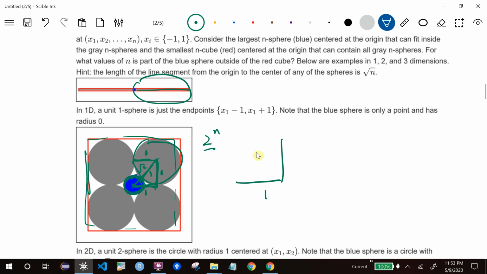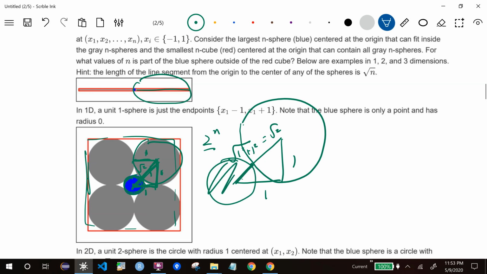So if we have 1 and 1, this will be square root of 1 square plus 1 square, which is square root 2. So this whole length will be square root 2. Let's draw the part circle here. So this length will be the radius of the blue circle. So this length would be, note that this is also 1, right? Because the radius is always 1. So the blue radius is square root 2 minus 1.